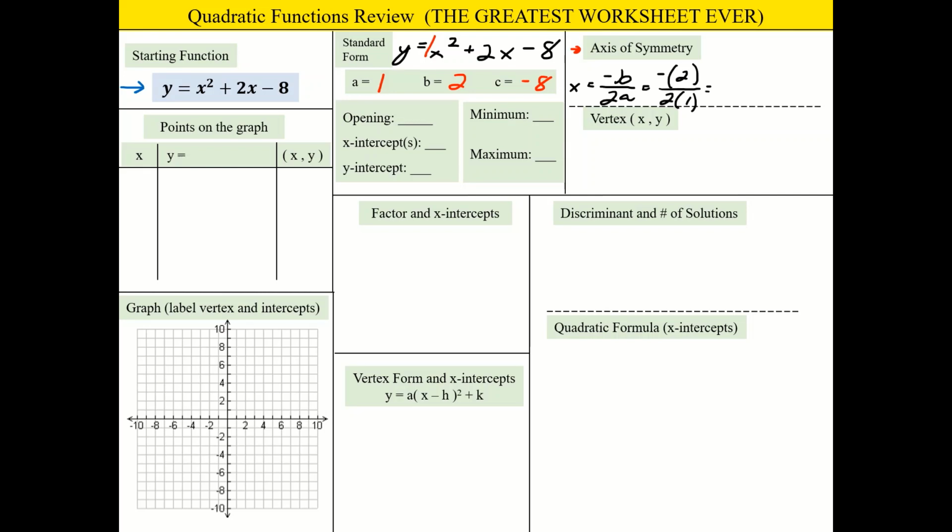So -2 divided by 2, we get -1. But very important, its axis of symmetry is an equation, so write it as x equals -1. That is the correct answer. It has to be written that way.